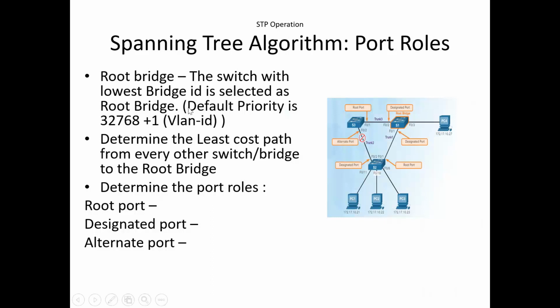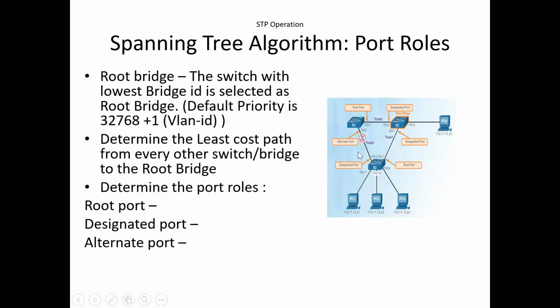The default priority on all the switches is 32768, and if we include the VLAN ID plus 1, it becomes 32769. This is the default priority, which will be the MSBs of the bridge ID. Whichever switch has the lowest priority will become the root bridge. We can modify this priority by our configuration.